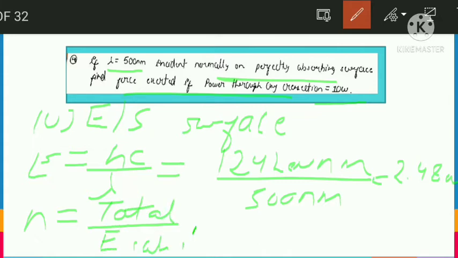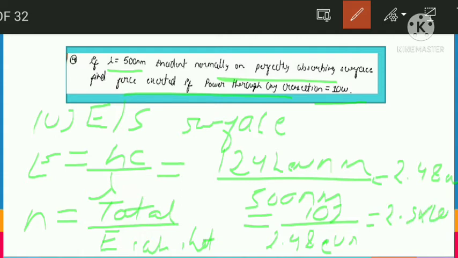So the total energy is 10 joule upon 2.48 electron volt. Putting the value of electron volt in joule, we get the total number of photons, around 2.5 × 10^19. These number of photons are incident per second on the surface.